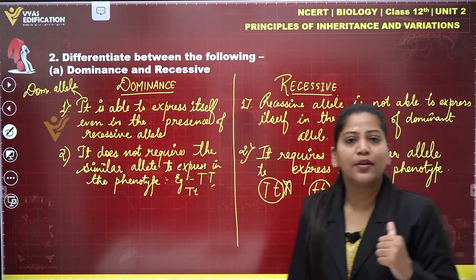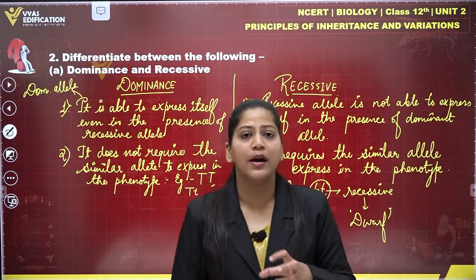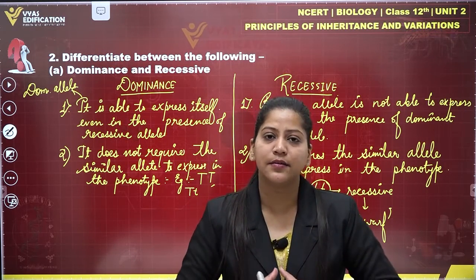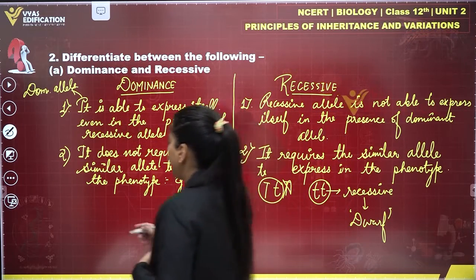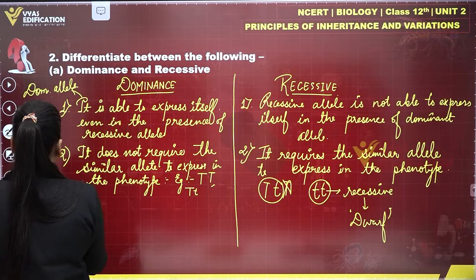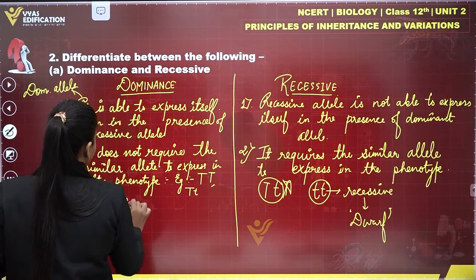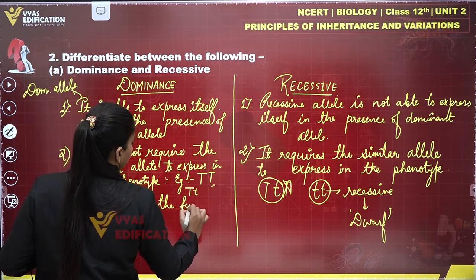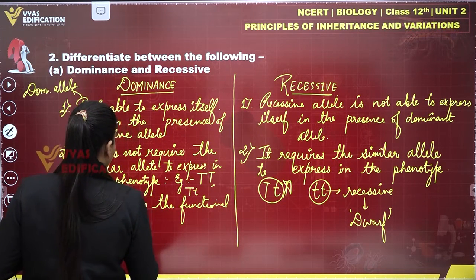So the recessive allele requires another recessive allele to express itself in the phenotype. Next, the dominant allele produces the functional enzyme.